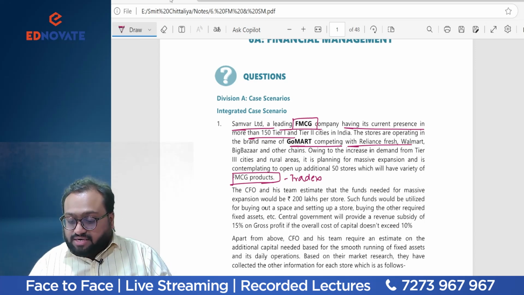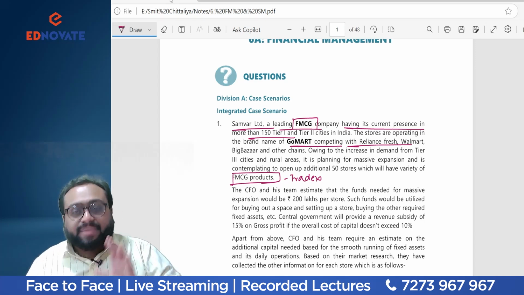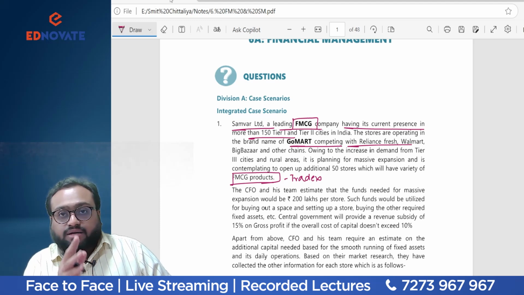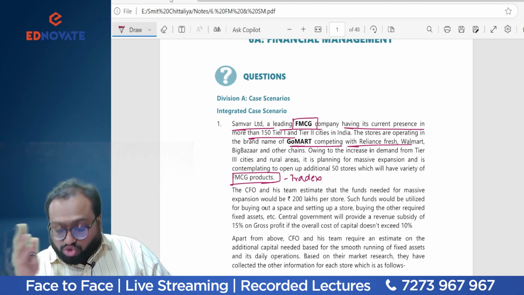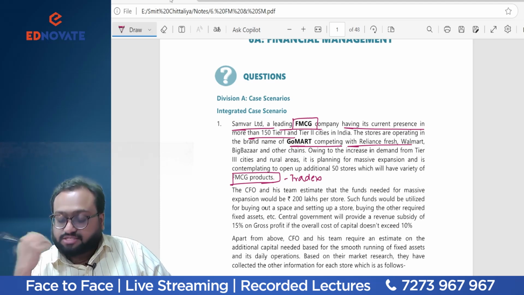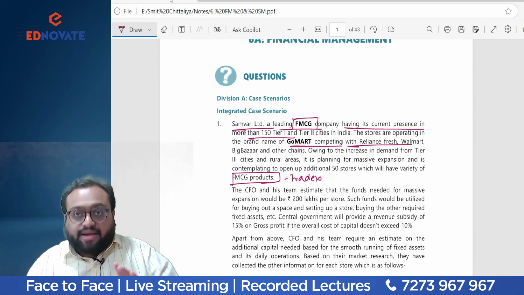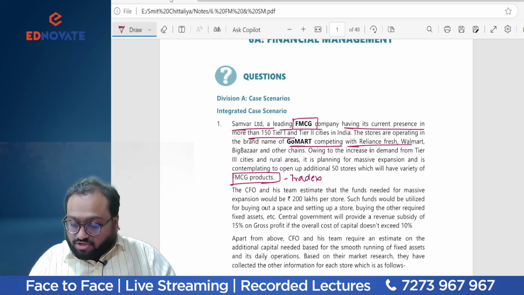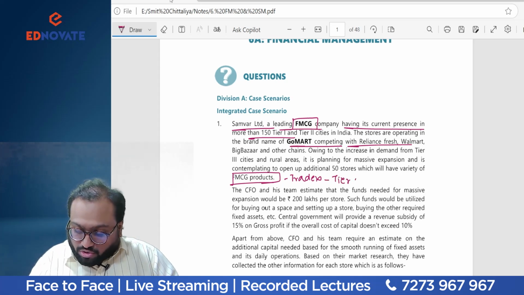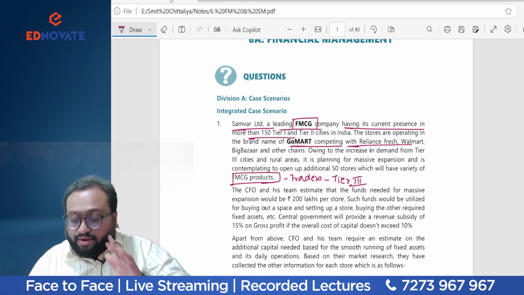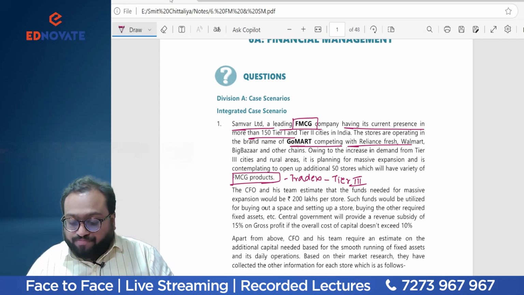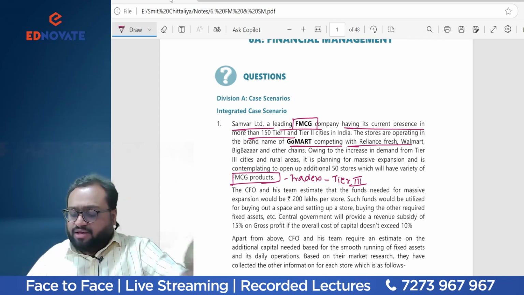So one thing I understand from reading the first basic paragraph is that they want to start new stores in Tier 3 cities. And they are traders, not manufacturers. Completely fine. They are already established in Tier 1 and Tier 2, and they have a very good competition with Reliance Fresh, Walmart, XYZ.